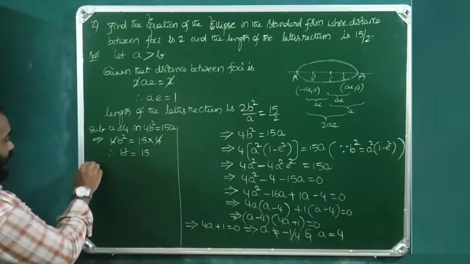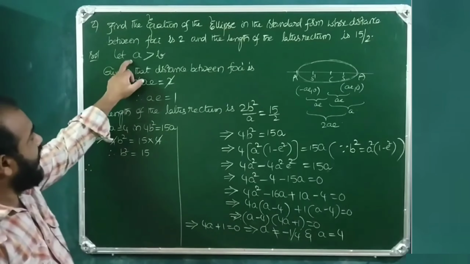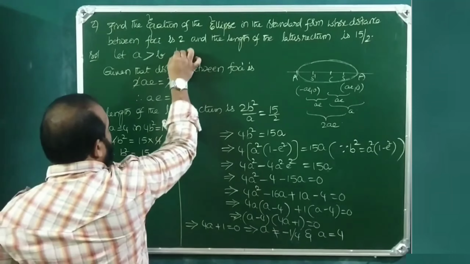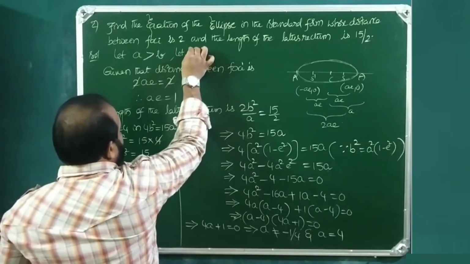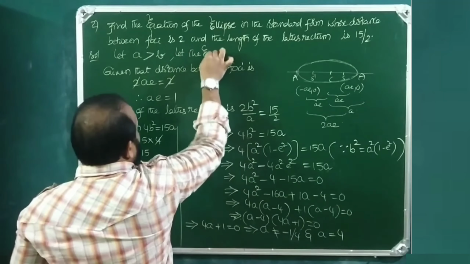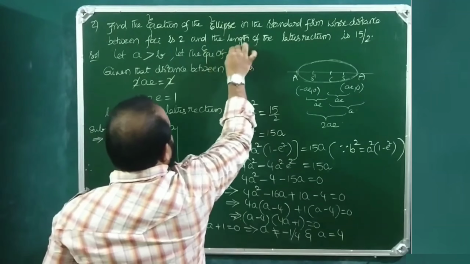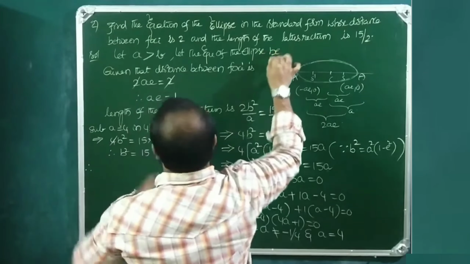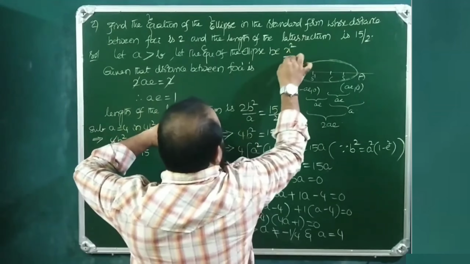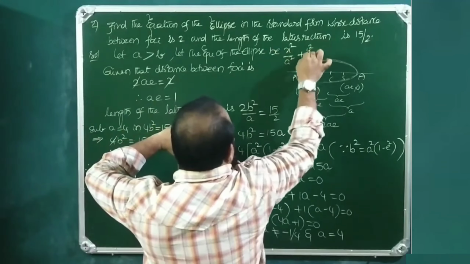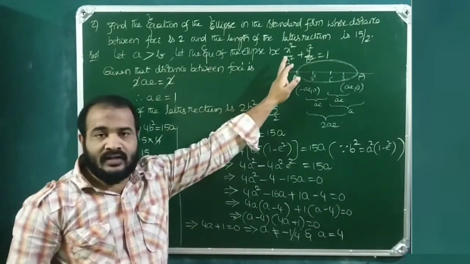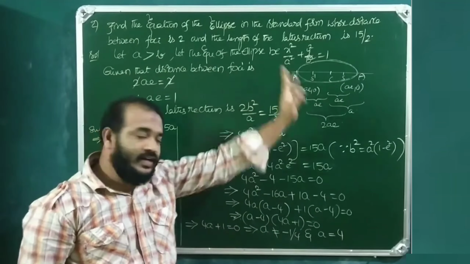So therefore, for a greater than b, what is the equation of the ellipse? Let the equation of the ellipse be x square by a square plus y square by b square equals to 1. Since a is greater than b, this is the standard equation of the ellipse.